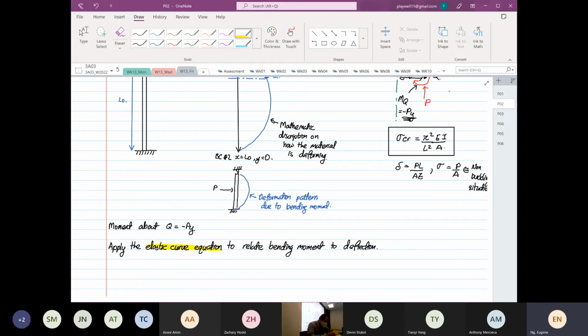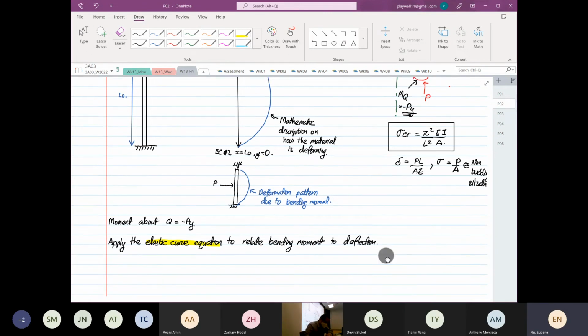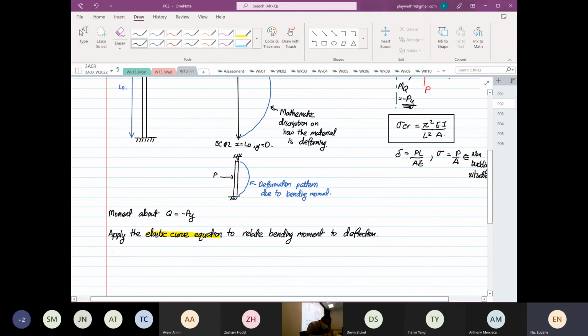The elastic curve theory relates moment, which is equal to EI, Young's modulus multiplied by second moment of area, times d squared y over dx squared. This is what we call the elastic curve equation.